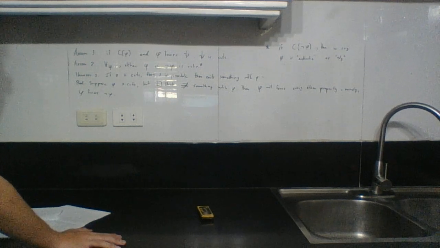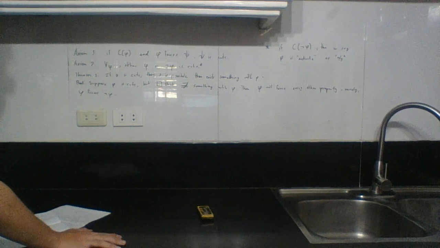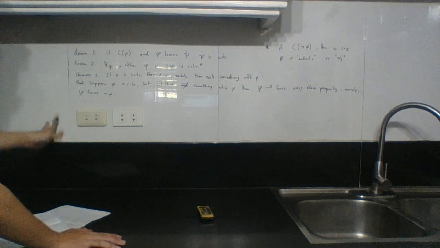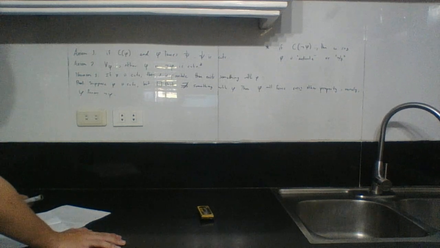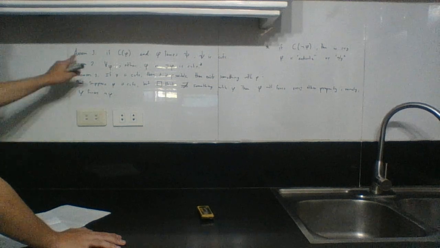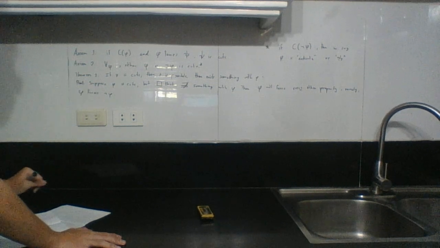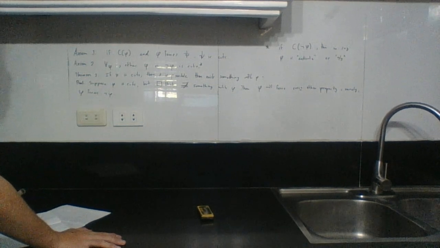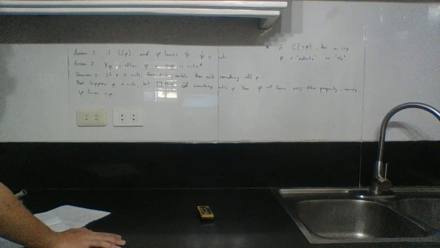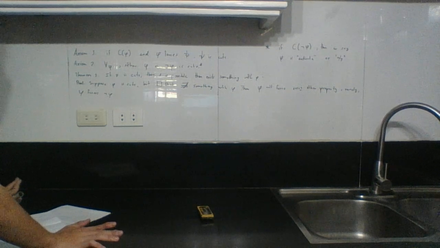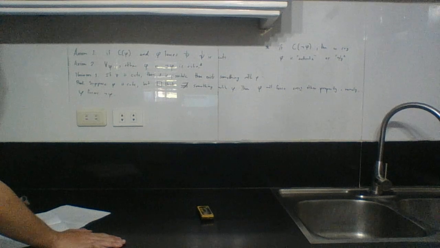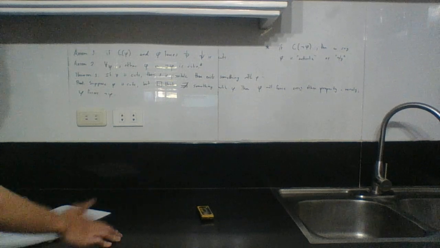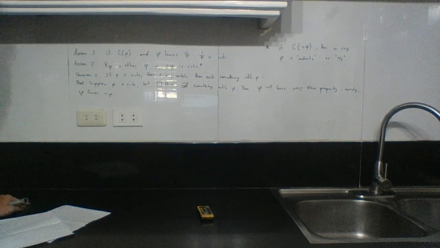If an object here is green, let's say, if the shirt is green, then according to axiom 1 and according to our assumption that there does not exist something with phi, it must be that the object is also not green. So it must have the property that it isn't green, which is a contradiction because it already is green.